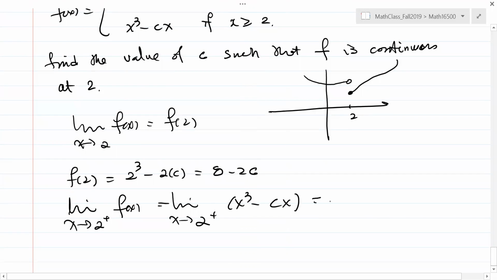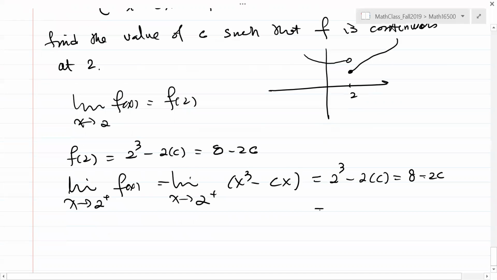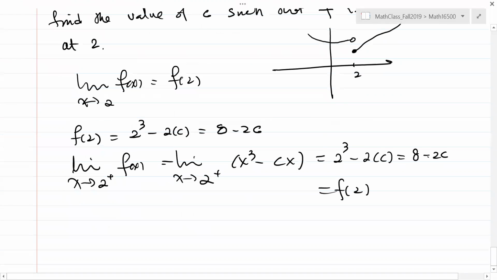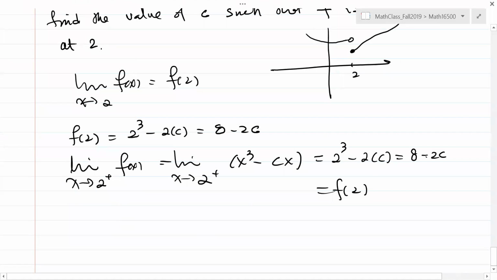So let's put 2 here: 2 cubed minus 2 times c. I think this is nothing but the value of the function. So you already get the value of the function. No problem. So now let's look at the left-hand limit.